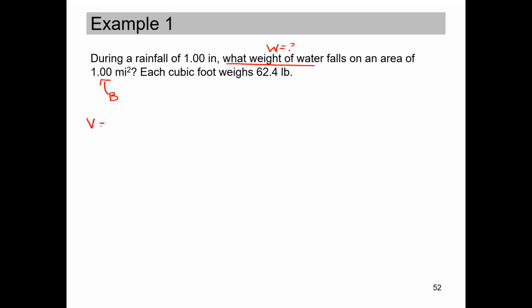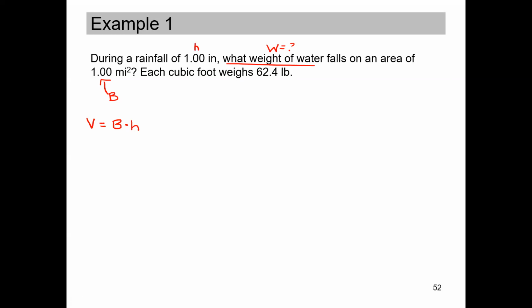So if I want to find the volume of this, it is going to be big B times H, where B, this 1 square mile, is the area of my base, and my height, do you know what my height is from this problem? Yes, Larry, it's 1 inch. So height is 1 inch.